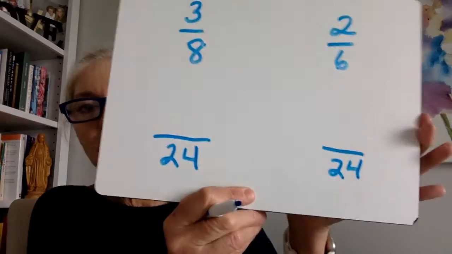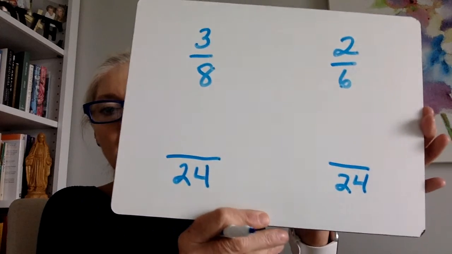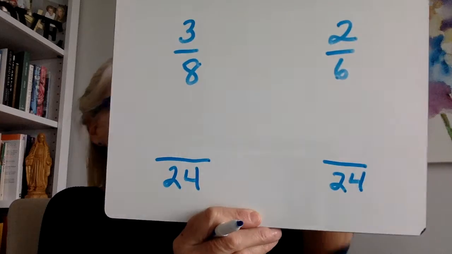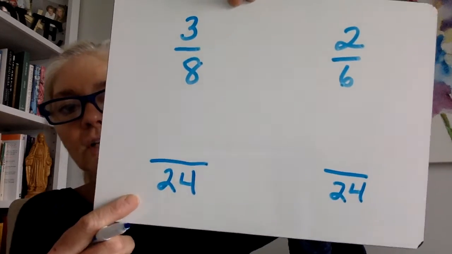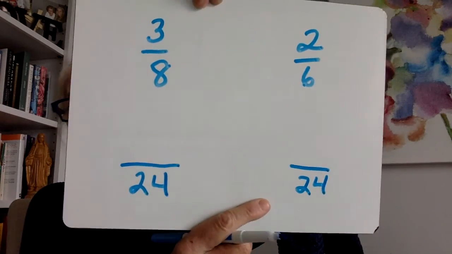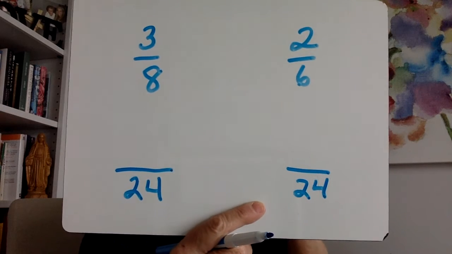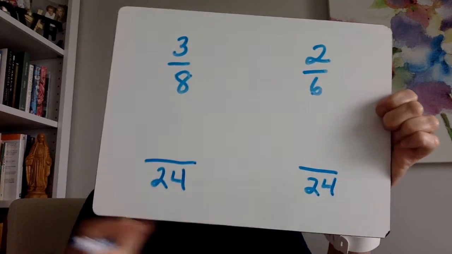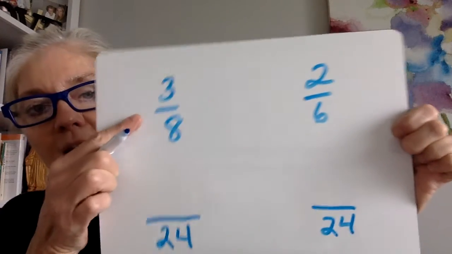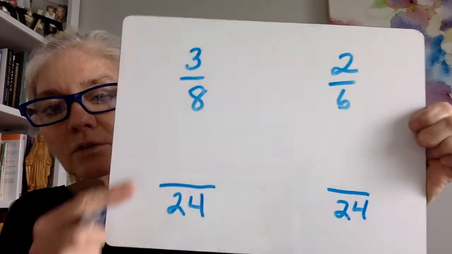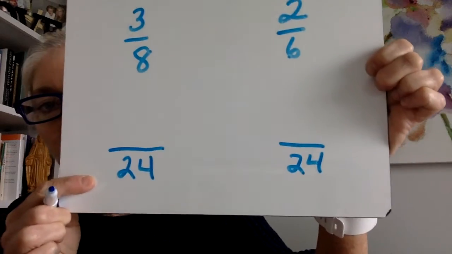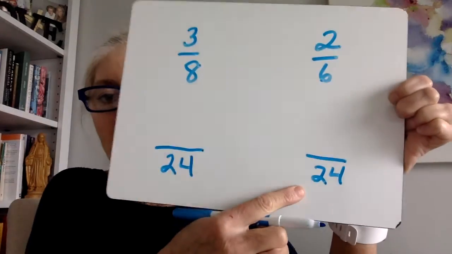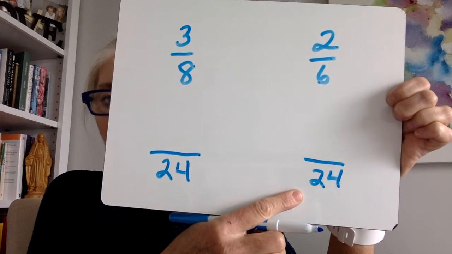Okay, so now we have a new denominator. Step 1 said, find a number that both denominators will multiply into. So I found 24. That number will be our new denominator. Step 1, find a number that both denominators will multiply into. Did it, 24. Step 2, that number becomes our new denominator. Done.